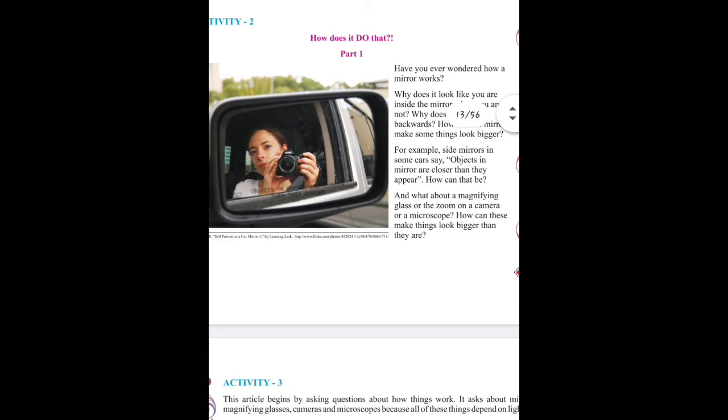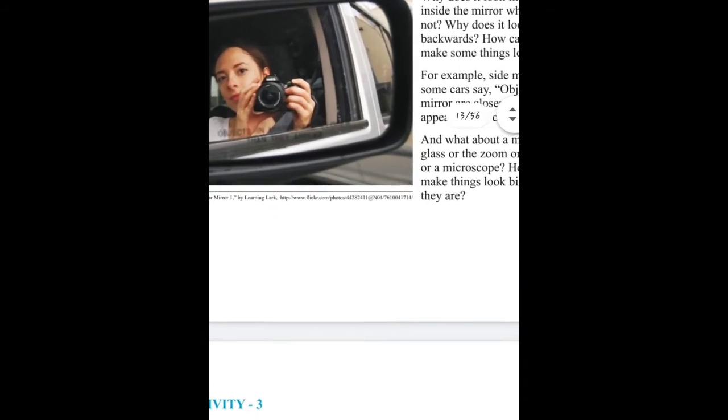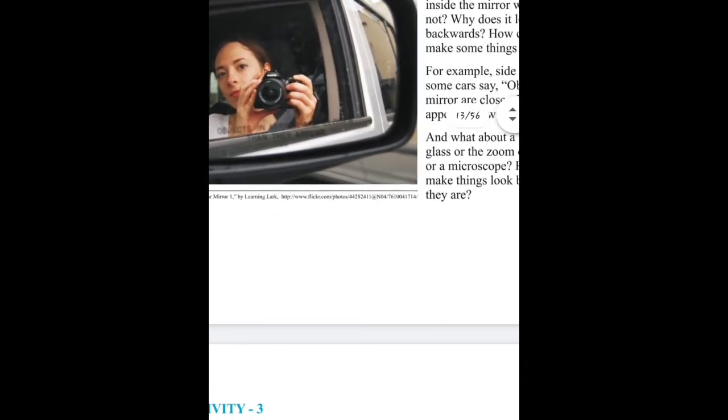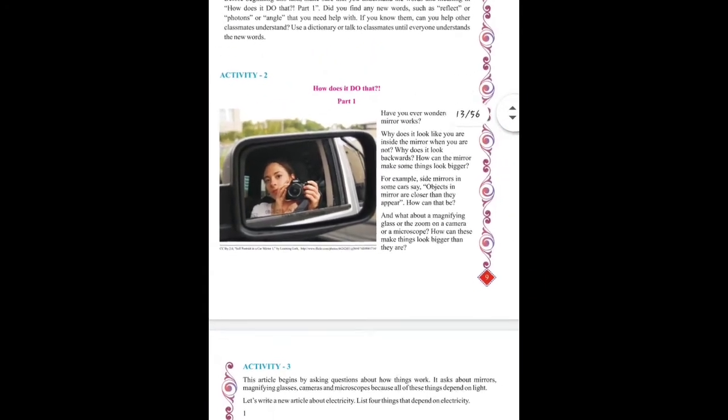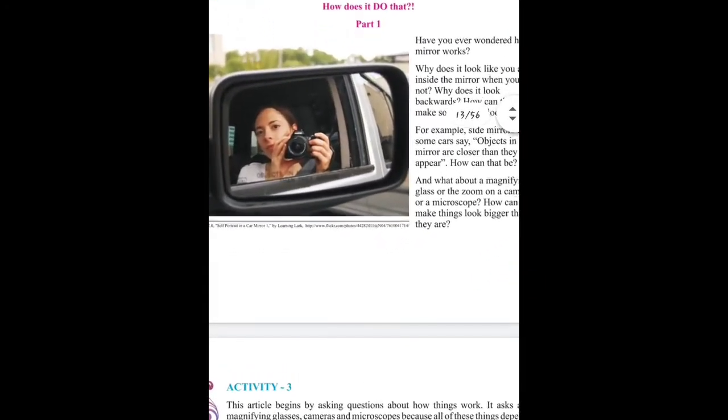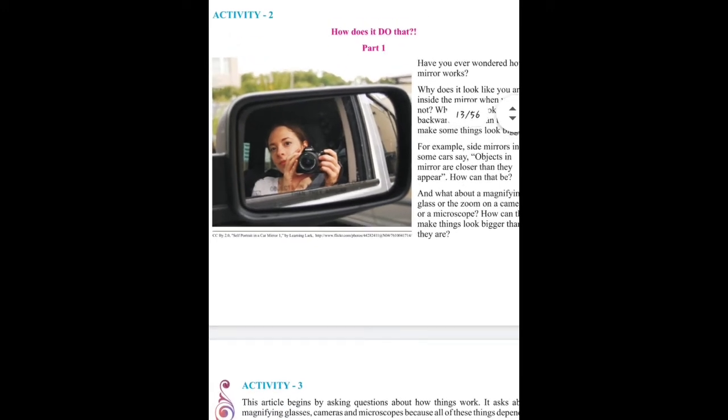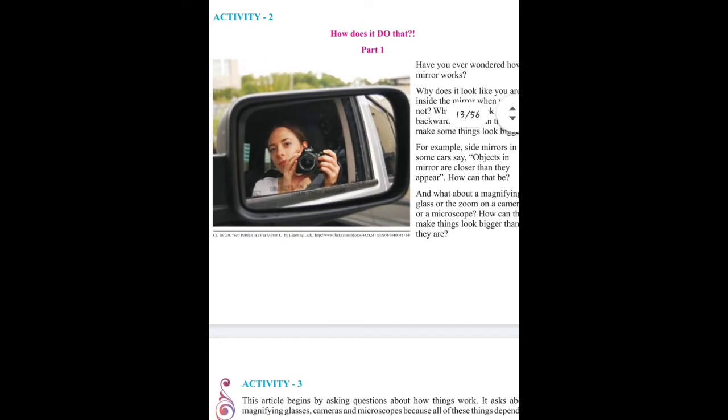When we zoom the screen of our mobile phones or cameras, the images get magnified. When we zoom out, it goes smaller and smaller, and when we zoom in, it grows bigger and bigger. So this is the work done by the zoom button or the magnifying button in the microscope.